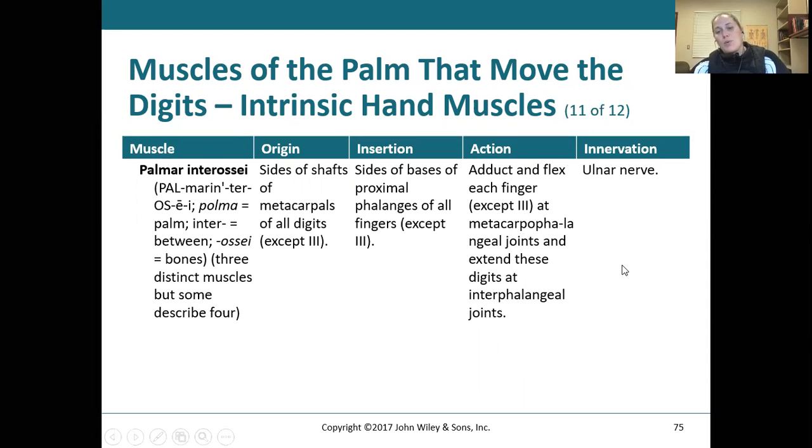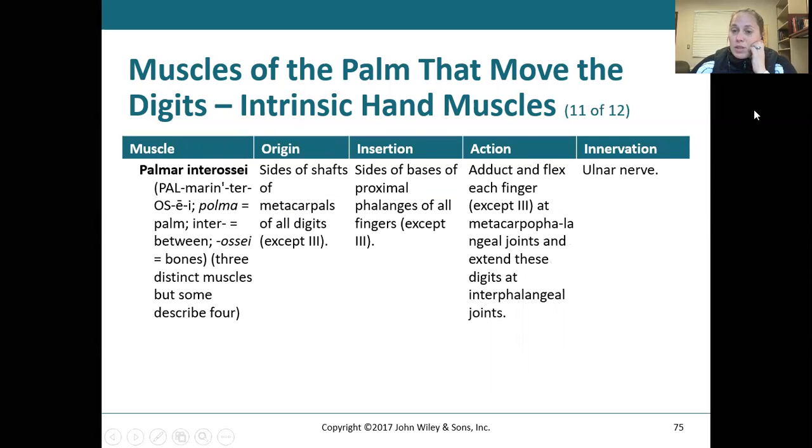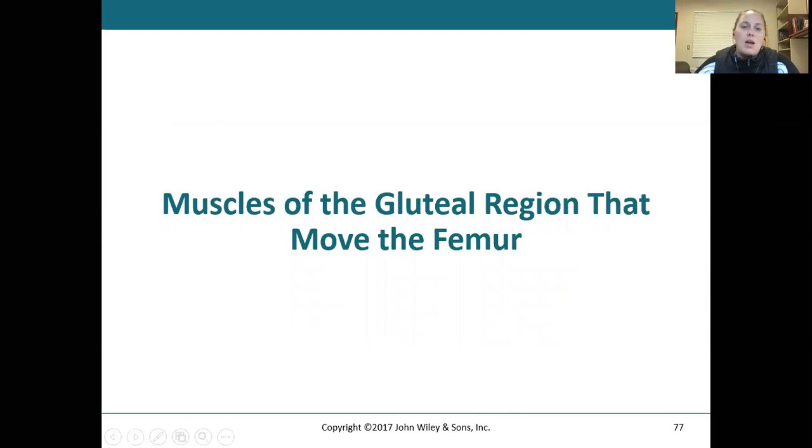As we're going through these, just recognize the median and ulnar nerves are often going to be the nerves innervating these regions. The dorsal interossei abduct fingers 2 and 4 at the metacarpophalangeal joints, flex fingers 2 and 4 at the metacarpophalangeal joints, and extend fingers 2 and 4 at the interphalangeal joints. Okay, so that's the hand.